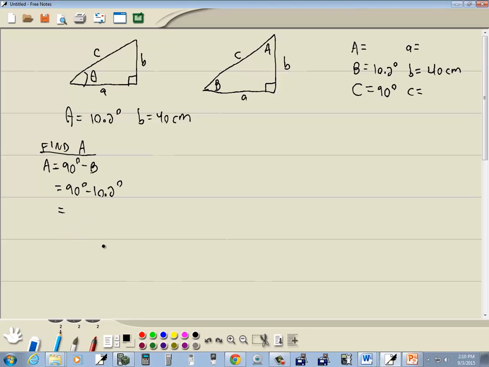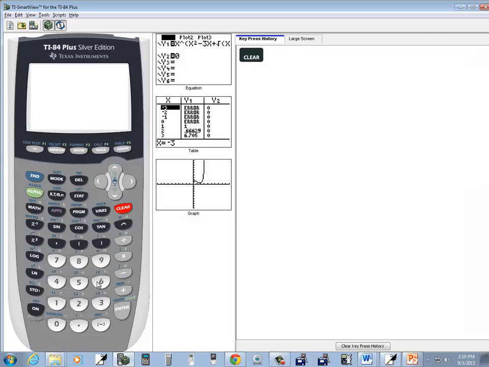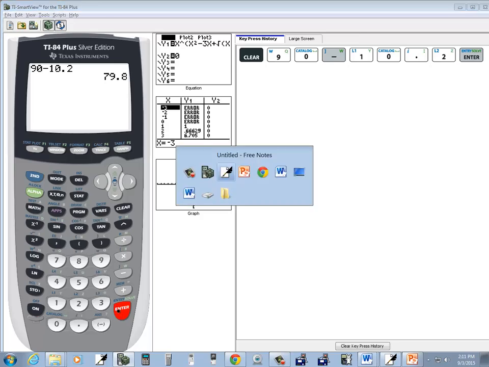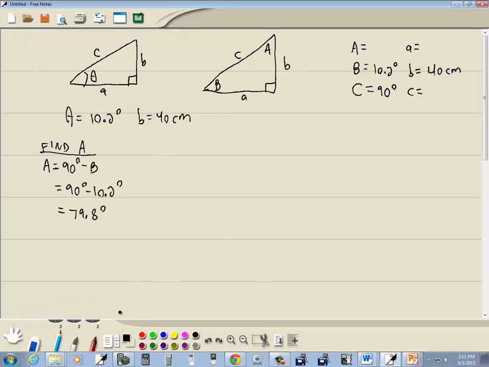I think that's 89.8, but I'm not very good with decimals, so let me plug it in the calculator just to be on the safe side. 90 minus 10.2 is 79.8. Okay, so now we know what A is.